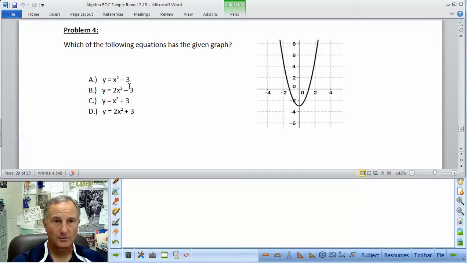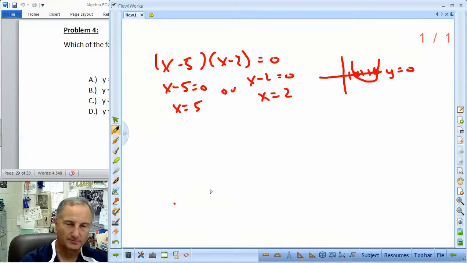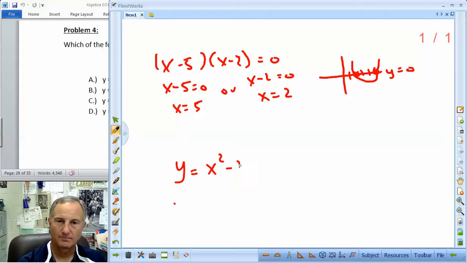Well, let's take the first one. We already know the vertex. Let's solve for x here and find out where we intersect that. We've got y equal to x squared minus 3. If we make this 0 and we find the x-intercepts here, we're going to add the 3 over.